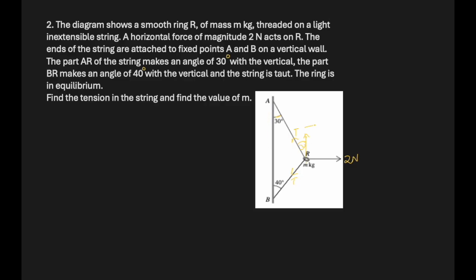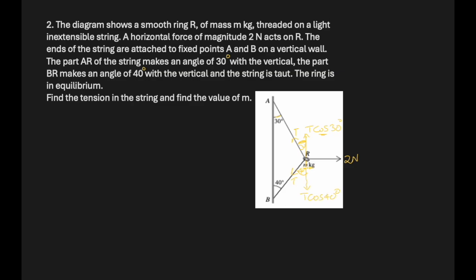So this will be T cos 30. Wherever the angle is with the main force, that component becomes cos. Similarly here, because of this 40, this angle will be 40 degrees and this component will be T cos 40 degrees.